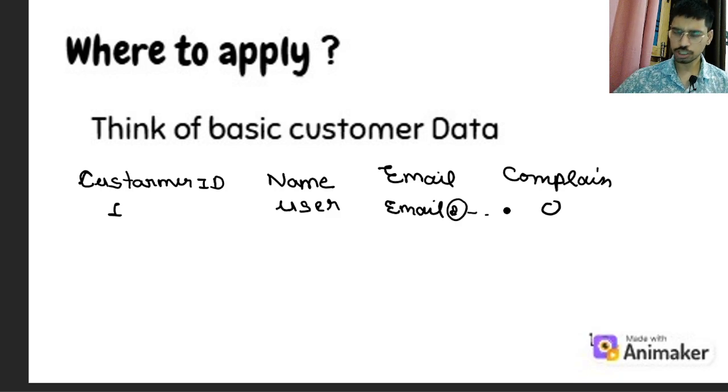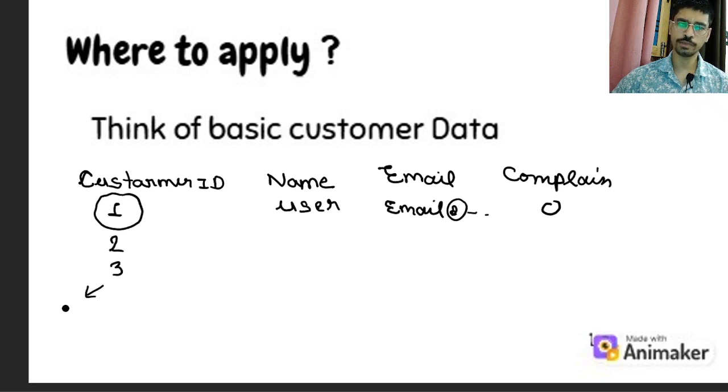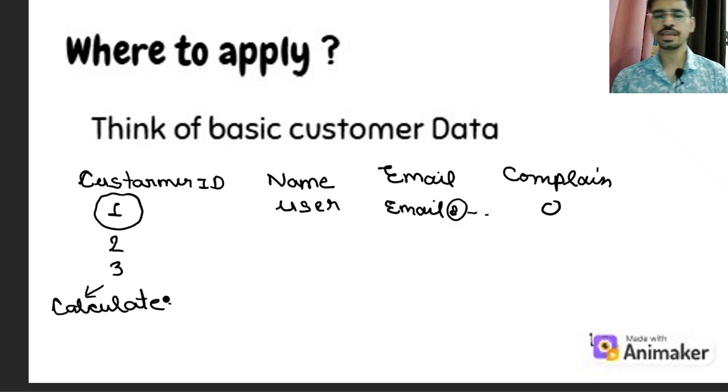As we saw, the customer ID is 1, so the numbers cannot be meaningfully manipulated. We do not manipulate the customer ID. If we calculate with customer ID 2 and ID 3, the average ID is not something that gives us useful information.